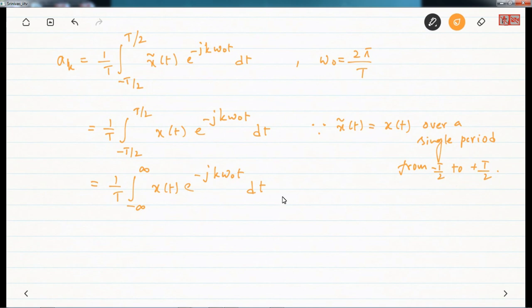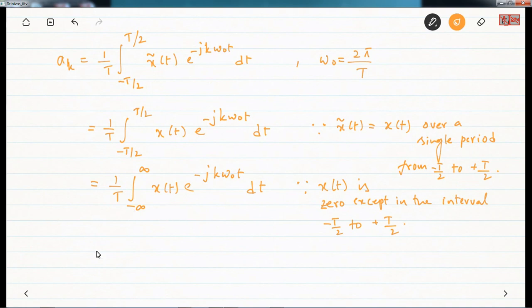How can we write this? This is because x of t is 0 except in the interval minus T by 2 to plus T by 2. So that's why I can write this, right?